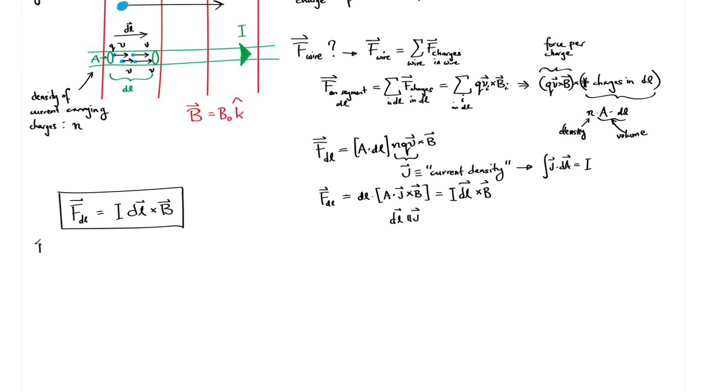So this is the force on a small segment of wire dl carrying a current I in a field B.